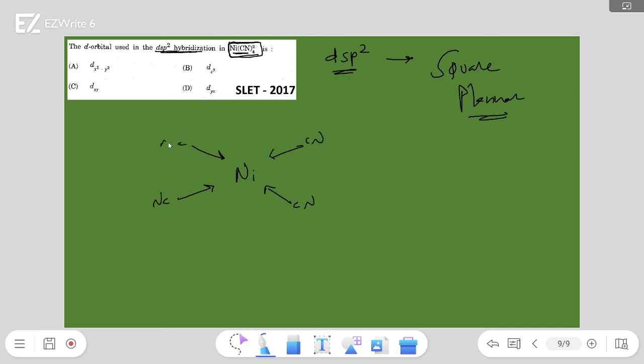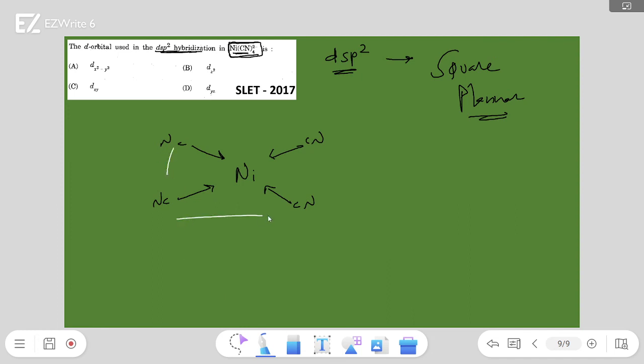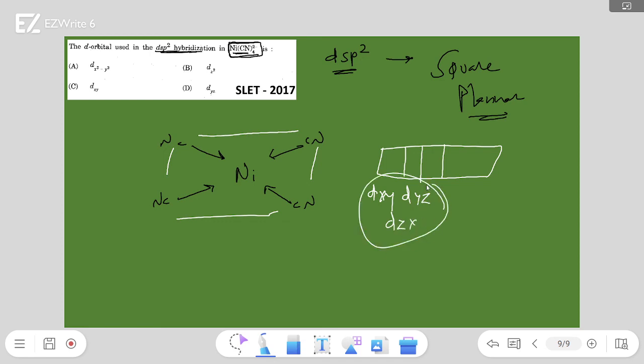And when you have all your ligands in one plane, denoting it like this, square planar, among the 5 d orbitals, dxy, dyz and dzx cannot be considered because they are not on the axis.